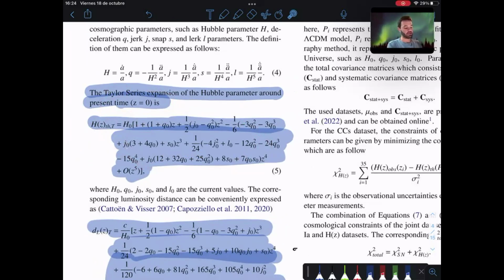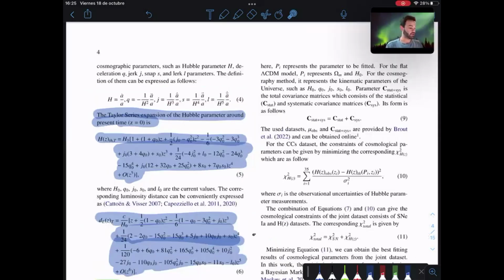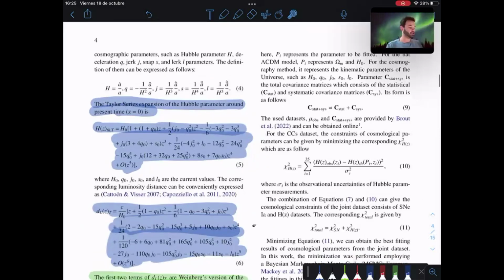One thing about this specific model is that it will not be valid for values close to 1 for the redshift, equal to 1 or greater than 1, because this is a Taylor series expansion, which means that you always have to be less than 1. But again, that's just a side note.